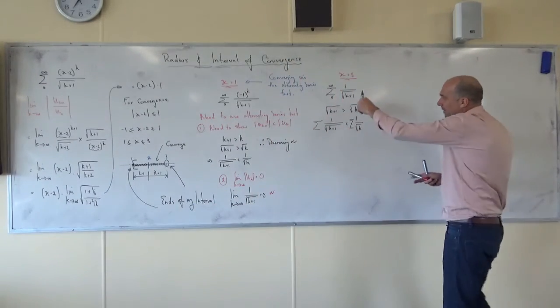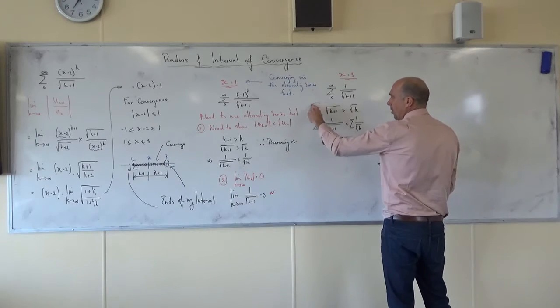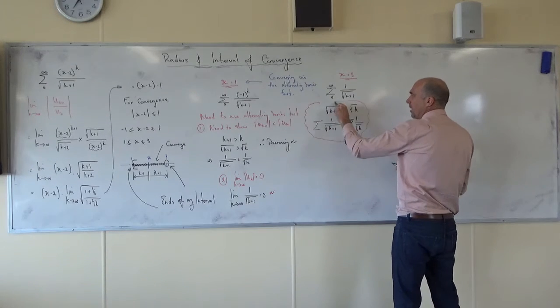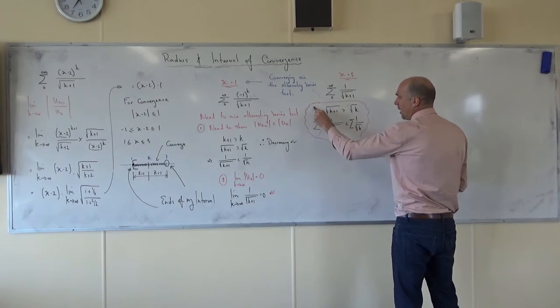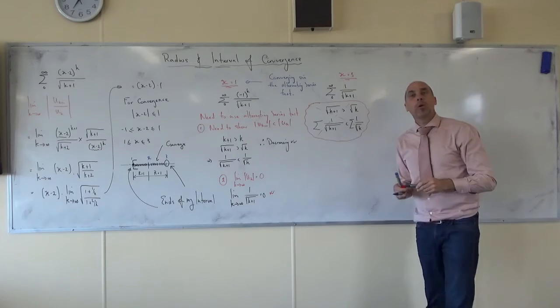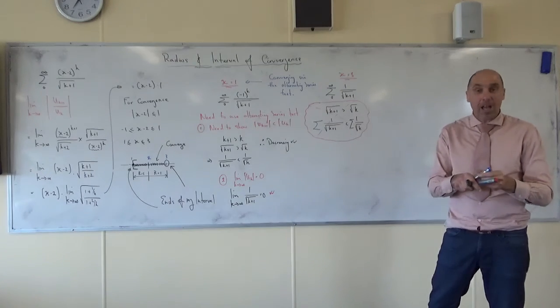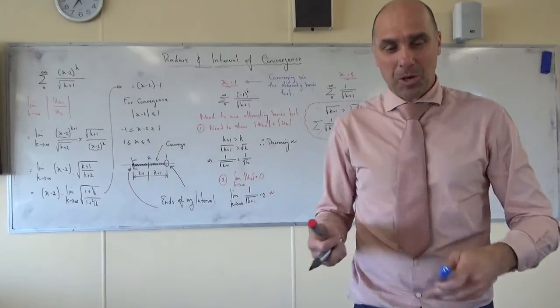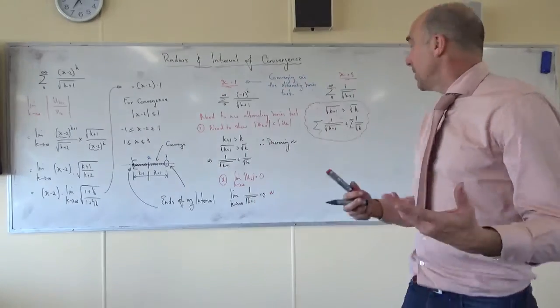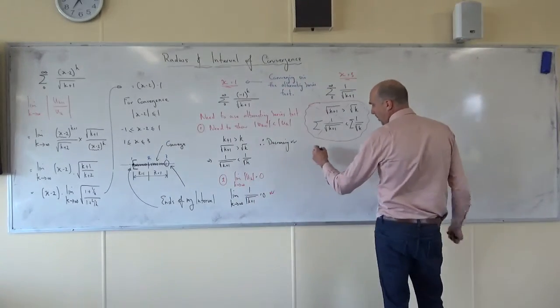So in this particular case, I'll put a little circle around this, and a cross through it with a dotted line, because we can't use a straightforward comparison. Therefore, we're really forced to use a limit comparison, because we know what the answer is. We've got to try and prove our solution.